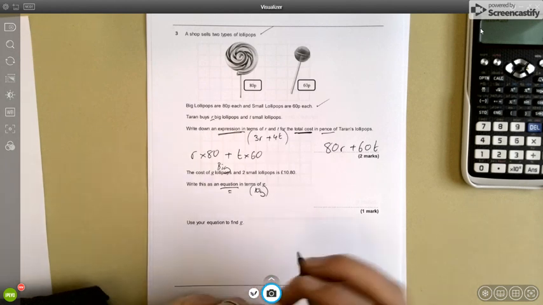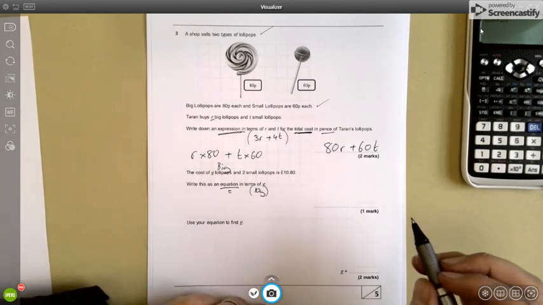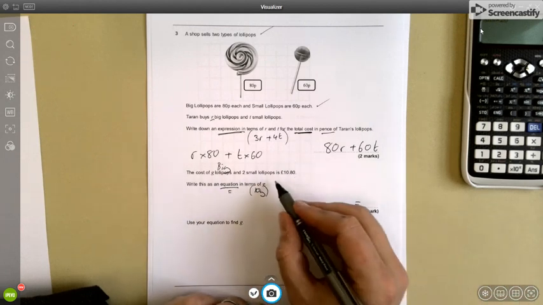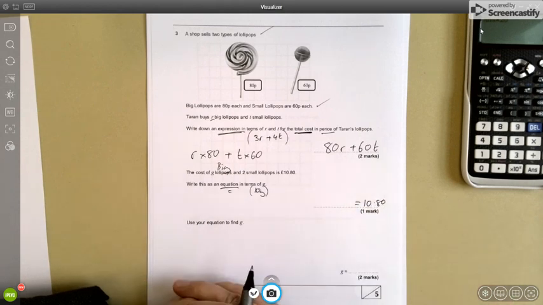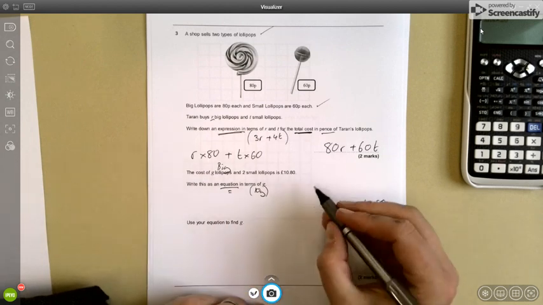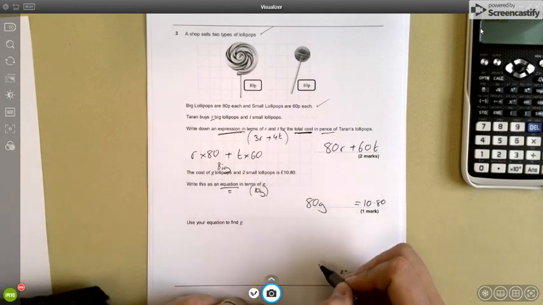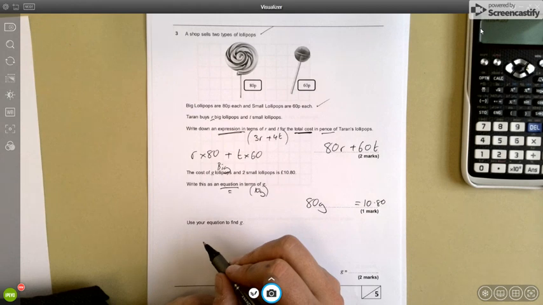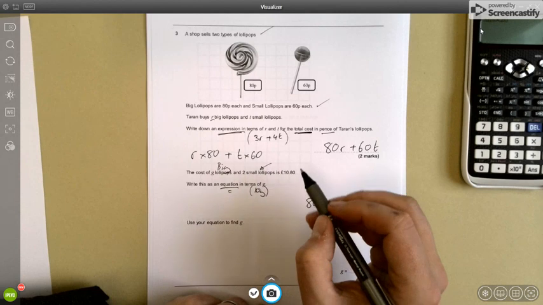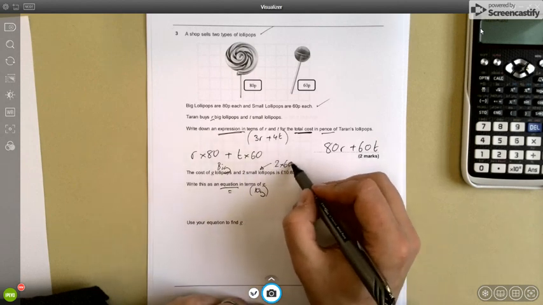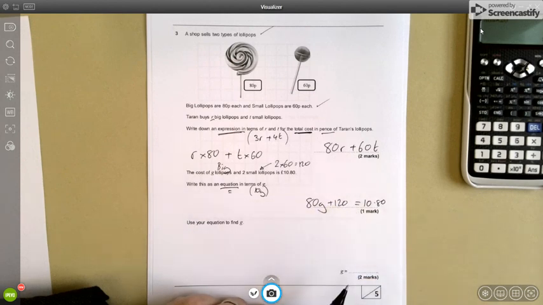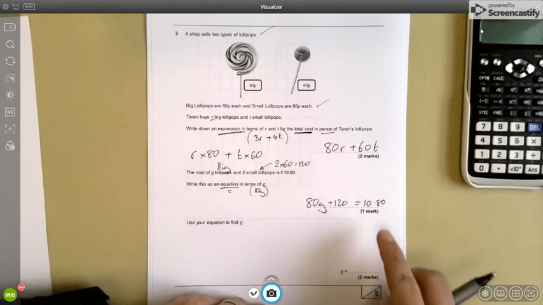So let's have a think. It's going to be an equation, so it's equal to the cost we know is there. We've got G lollipops and they cost 80p each, so we've got 80G, and 2 small lollipops, well that's 2 times 60p, so we've got plus 120 pence already. We can actually write that value down.